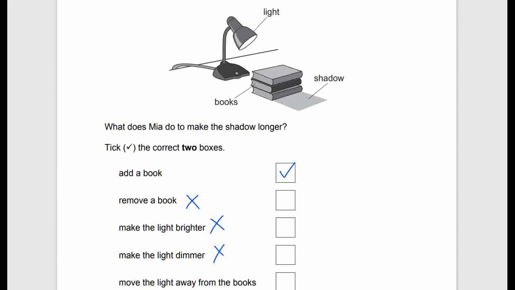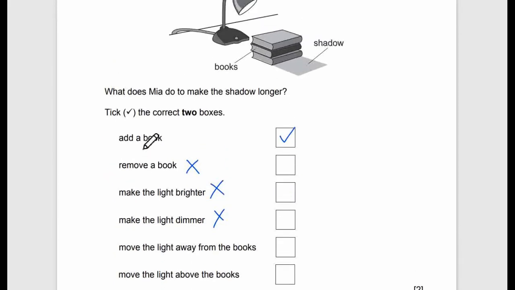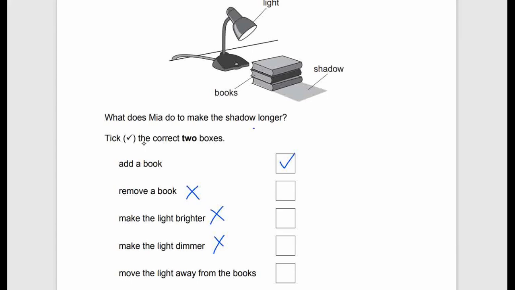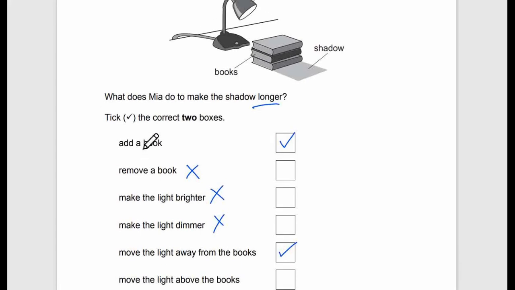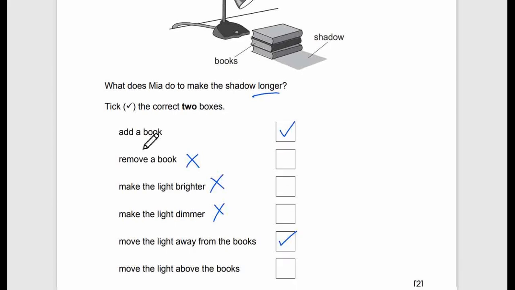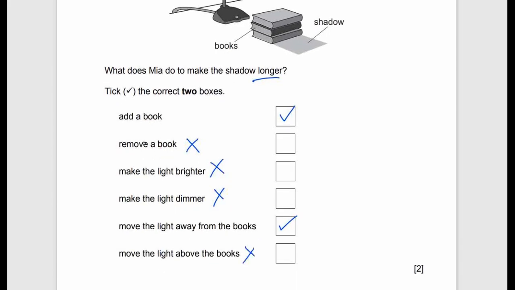It does not make the size of the shadow longer. Move the light away from the book. Yes, because as the distance is further, the shadow is longer. And move the light above the books. If the light is above the books, it will be a very short shadow, so it's not. So let's go to the next.